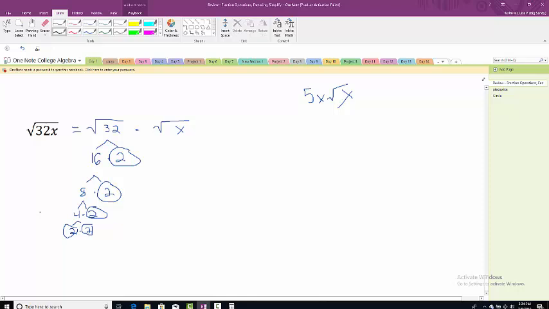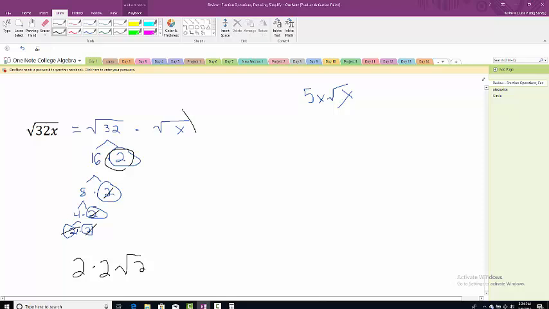Just as before, for every 2 that are the same, one comes out from underneath the radical sign. There's 2 more that are the same, so it comes out from underneath the radical sign. And then there's 1 left, so it's got to stay under the radical sign. Okay, that's the square root of 32.